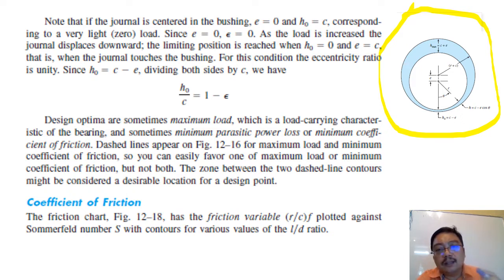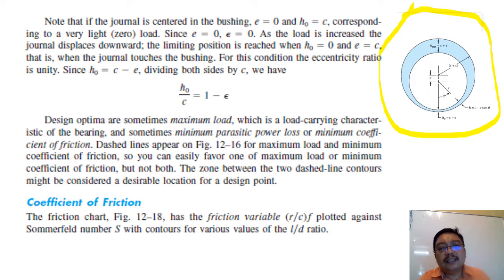So when eccentricity is 0, h naught becomes c, as I illustrate here. The h naught is the minimum film thickness, so it will become the clearance. Relate here with the picture.